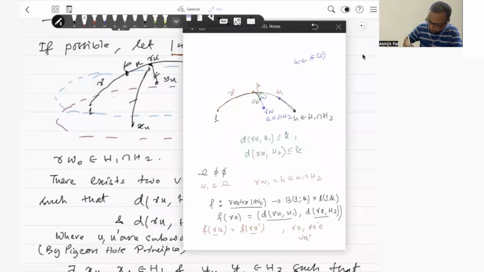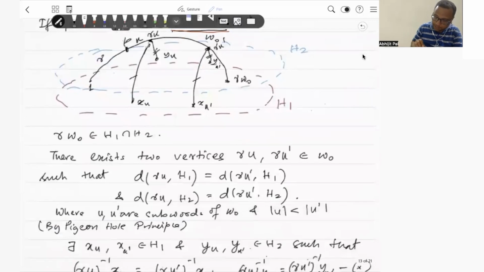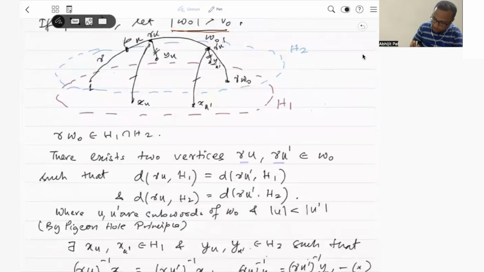in the vertex set of this W naught, such that f of gamma u is equal to f of gamma u prime. So therefore, there exist two vertices gamma u and gamma u prime belonging to W naught, such that the distance between gamma u and H1 is the same as the distance between gamma u prime and H1, and the distance between gamma u and H2 is the same as the distance between gamma u prime and H2.